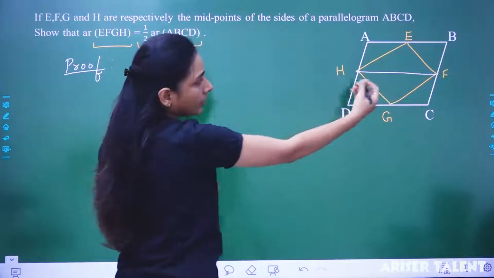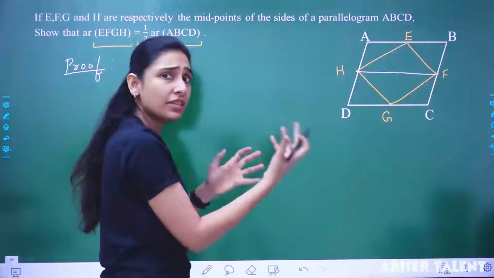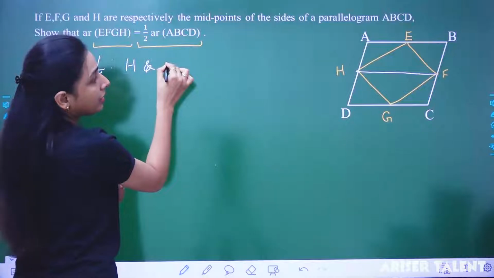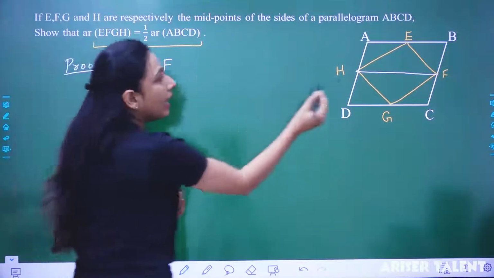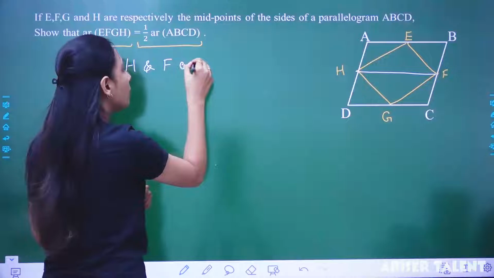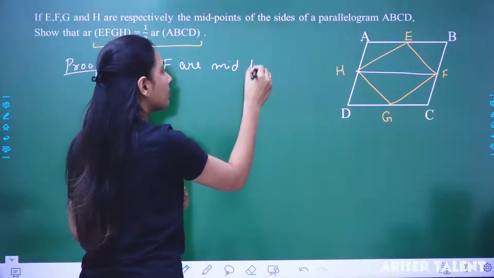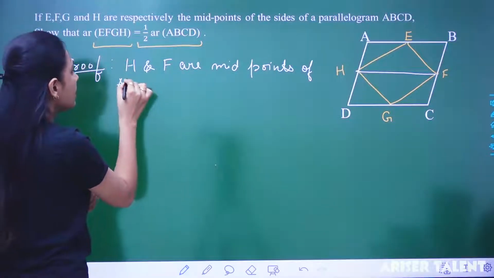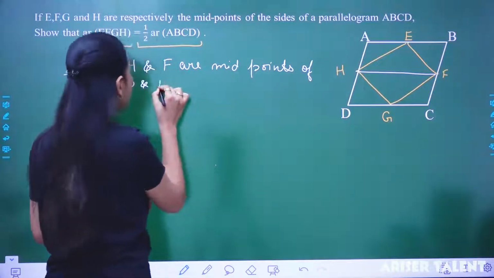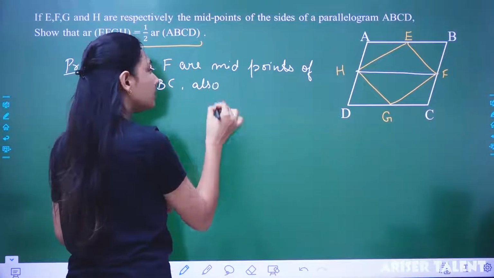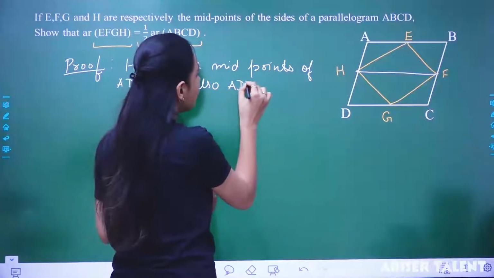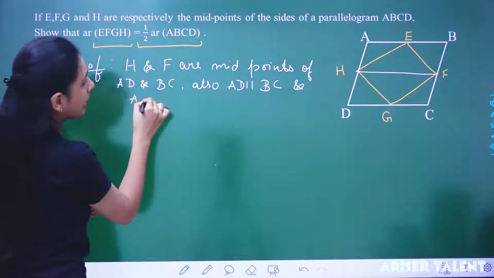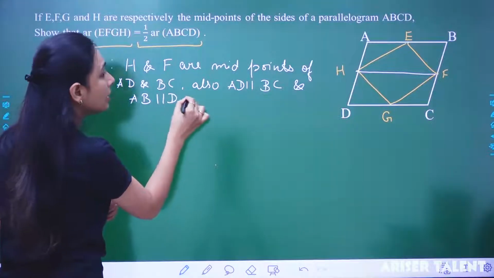Construction: join H to F. H and F are midpoints of AD and BC. Also, AD is parallel to BC and AB is parallel to DC.